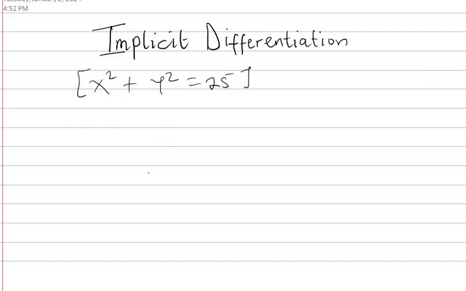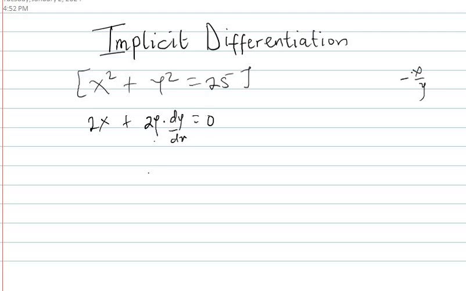So you remember our answer is negative x by y. You can simply say the derivative of the x component is just normal differentiation, so 2x, plus the derivative of y squared, which is 2y times dy dx, and the derivative of the constant is 0.